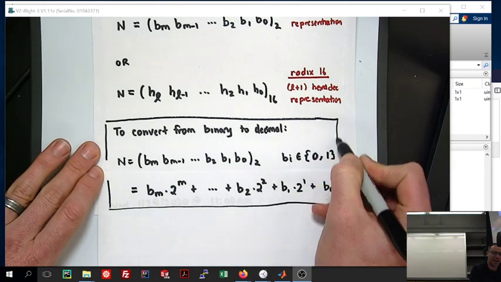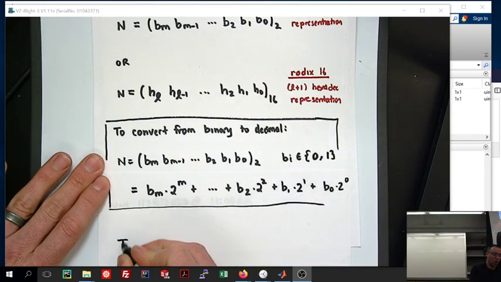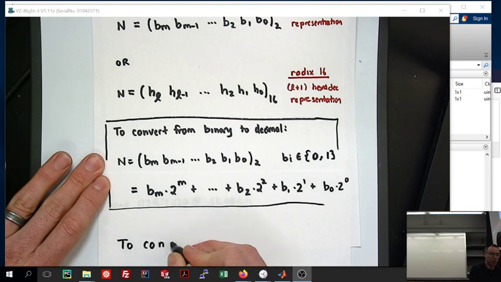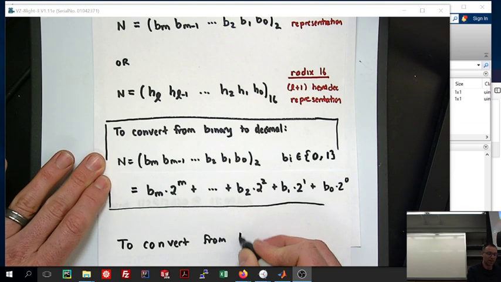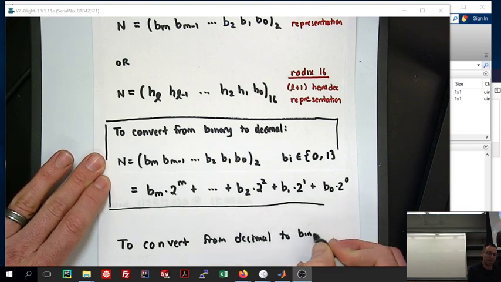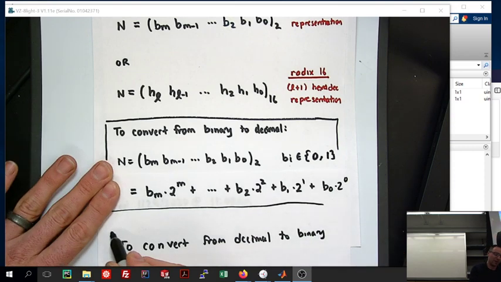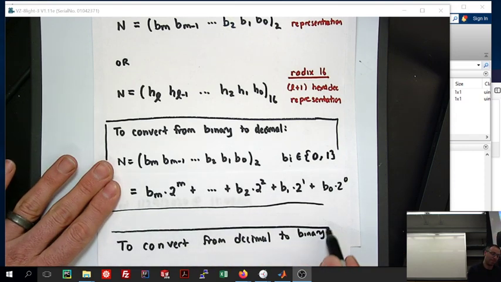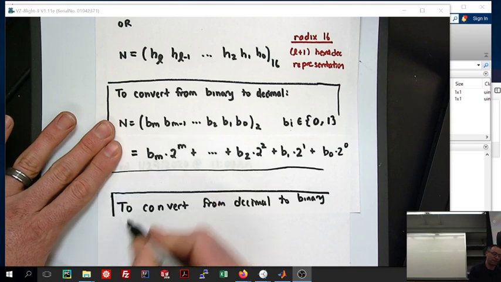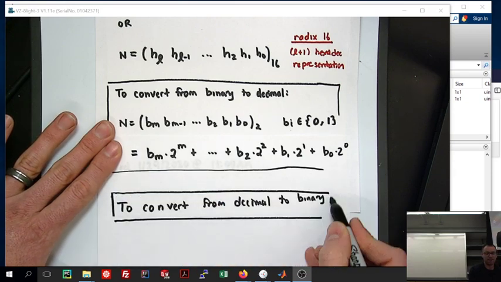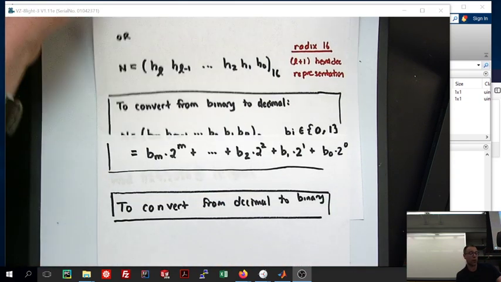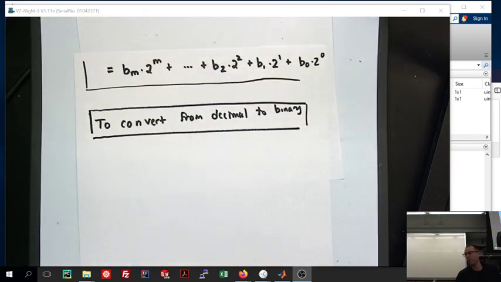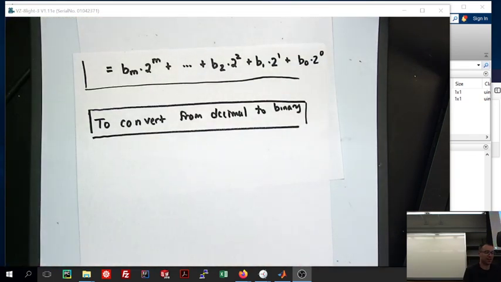And then, as Kaio was so eloquently saying, we might ask ourselves, how do we convert from decimal to binary? There is a very eloquent one. You're probably familiar with the fact that I've said this 50 times.